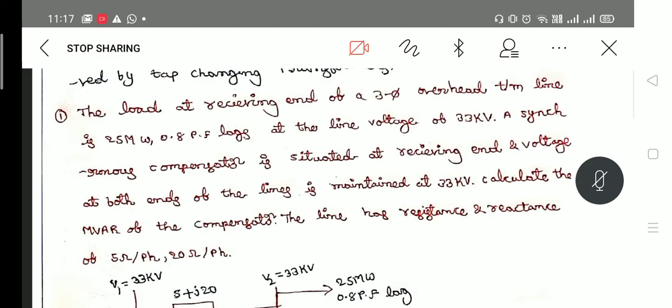Next one is a problem from these voltage control methods. The load at the receiving end of a 3-phase overhead transmission line is 25 megawatts, 0.8 power factor lagging, at a line voltage of 33 kV.